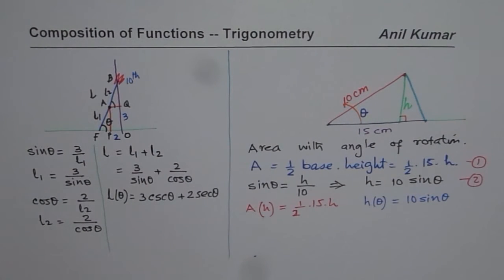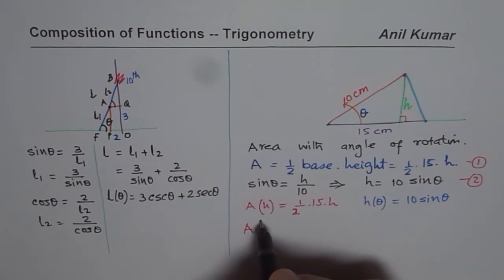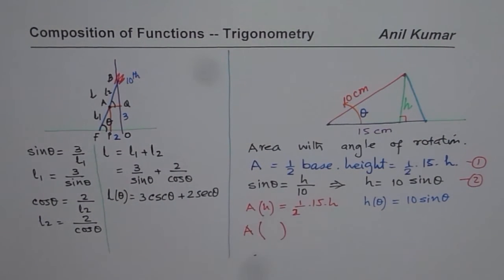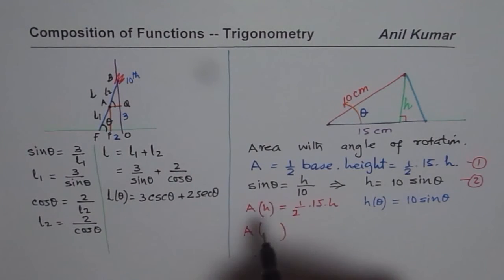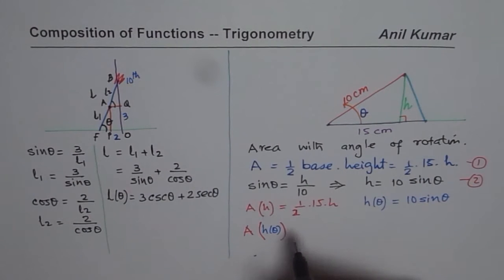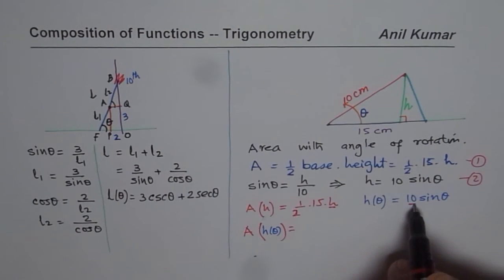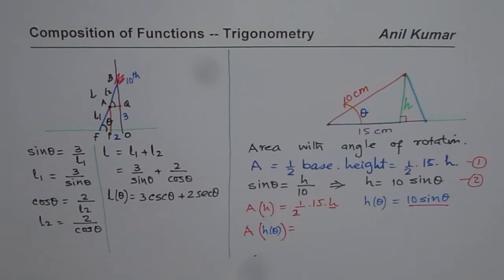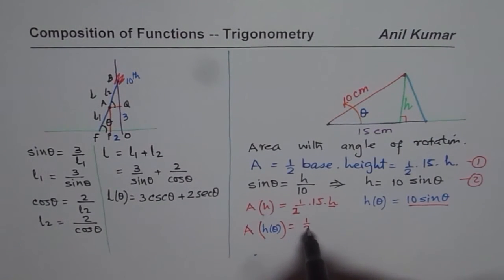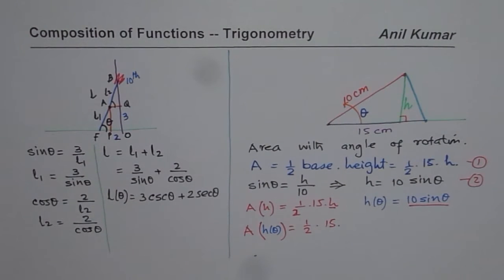Now if we have a composite function, that is to say if we have A, and within brackets, instead of h, I put h of theta, then what do we get? You get the idea, right? So instead of h, I put h of theta. Then I have to replace h with the function h of theta, right? So what we get here is half of 15 times h of theta, which is 10 sine theta.